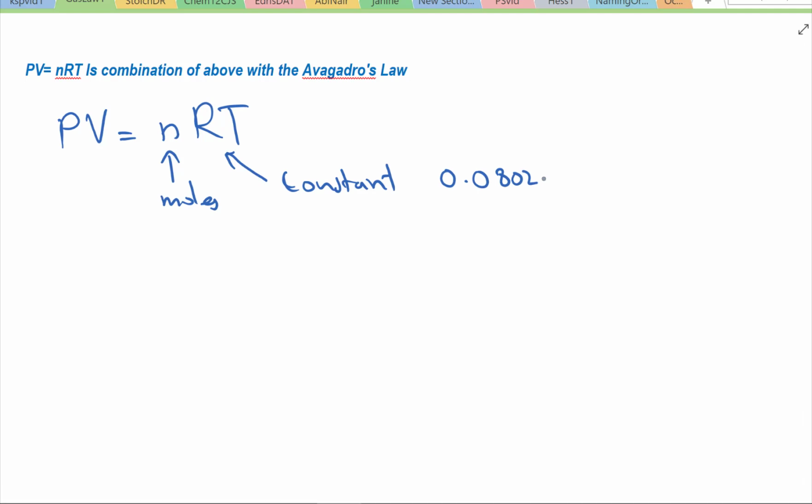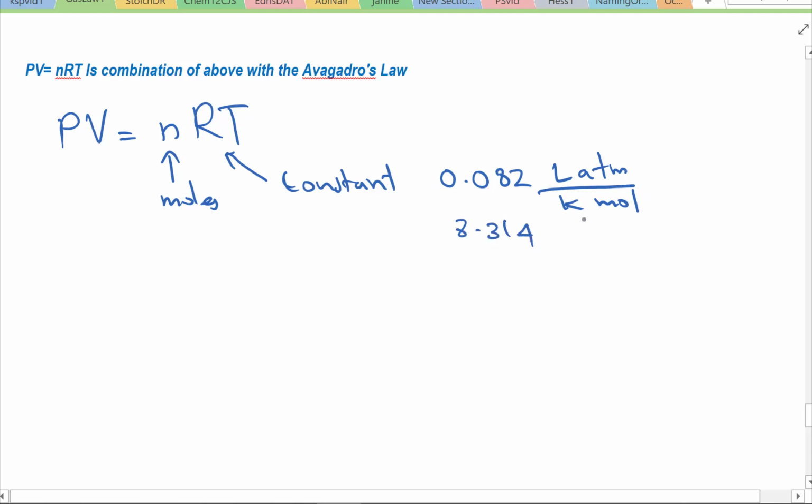The number of moles n is there, and then R, the gas constant, 0.082, and it's actually L·atm over K·mol, right? 0.082 L·atm over K·mol, or for most physical chemistry problems, you will be using 8.3145 with units of joules over K·mol. So this is also used. Depending on the types of other units you have in the equation, you have to choose the right R.